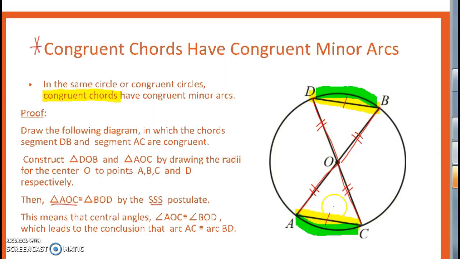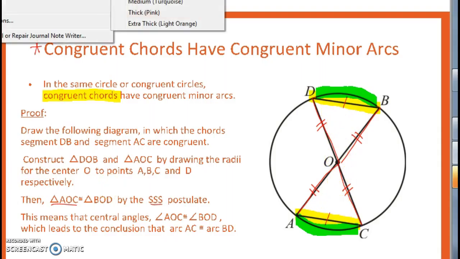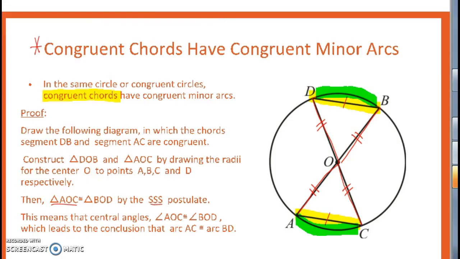Because these 2 triangles are congruent, we can say that all remaining pairs of corresponding parts are congruent, such as this angle here, DOB, and this angle here, AOC. Using corresponding parts of congruent triangles are congruent, we get that those 2 central angles are congruent.